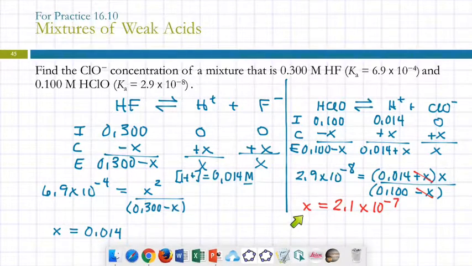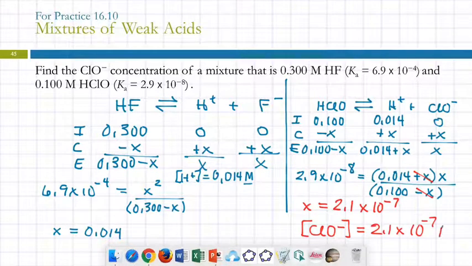What is x telling us? x ends up being the hypochlorite ion concentration. So the concentration of the hypochlorite here is 2.1 times 10 to the minus 7 molar. The ionization of this acid does not significantly affect the hydronium ion concentration because it's so small.